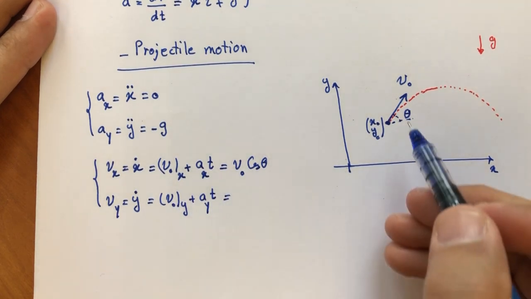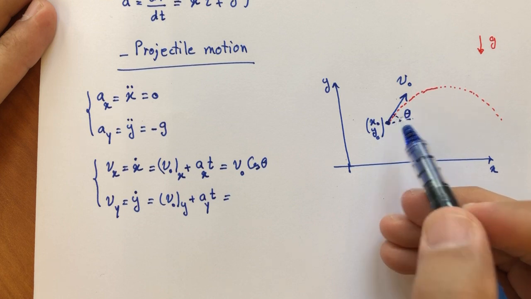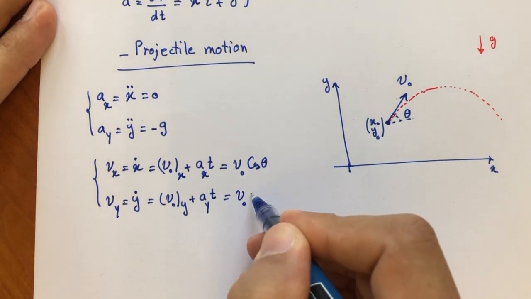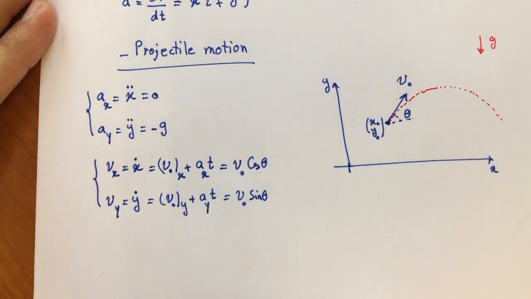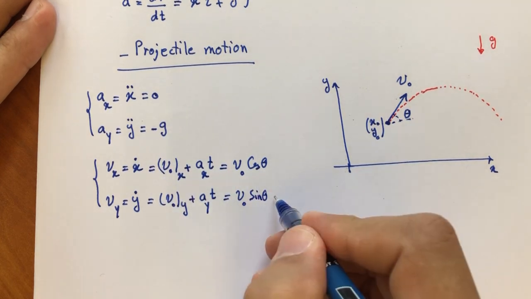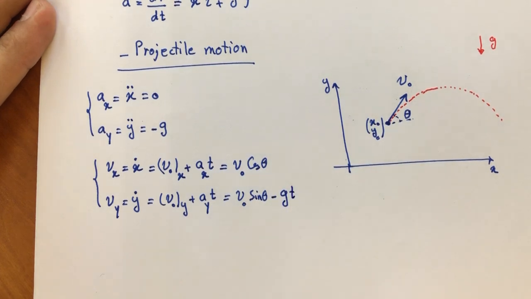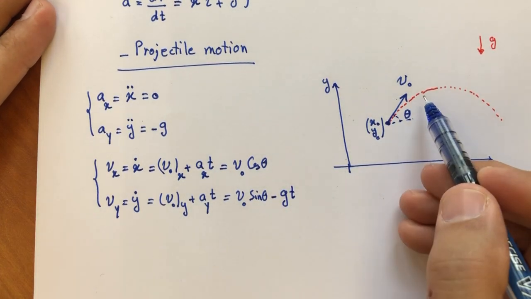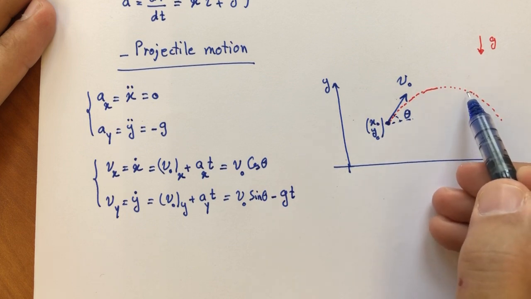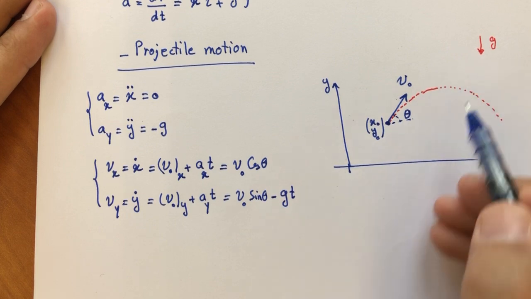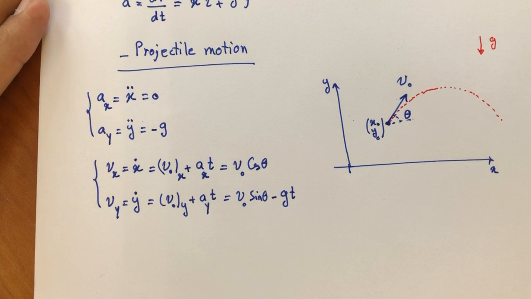Initial velocity in the y direction is v0 sine of theta, and acceleration in the y direction is negative g. So it's going to be v0 sine of theta minus g times t. So if you know the time, at any moment you can find the velocity in the y direction using this equation. Okay?